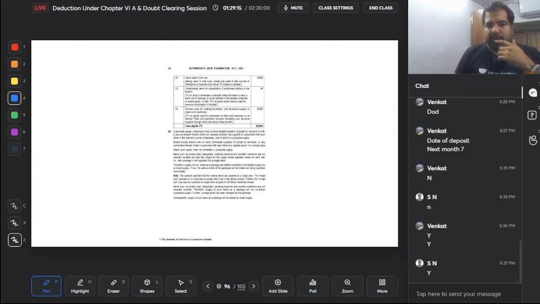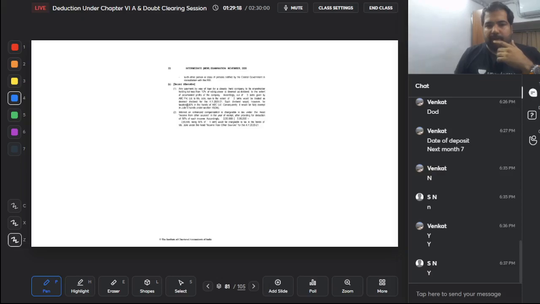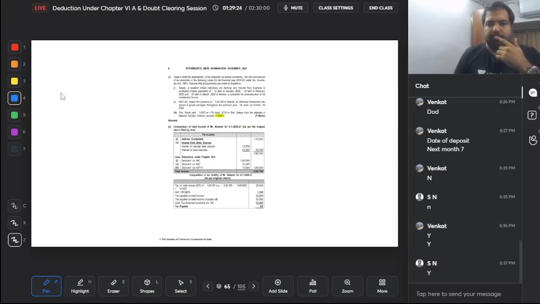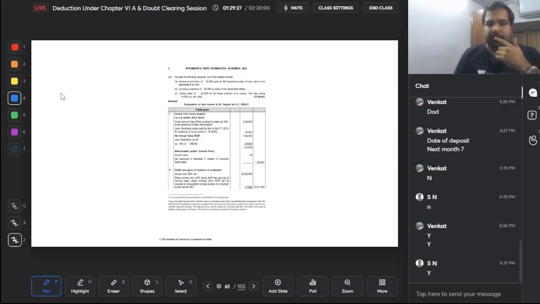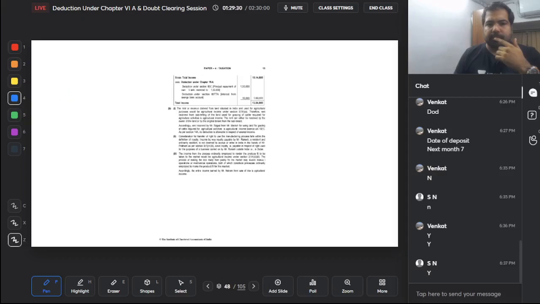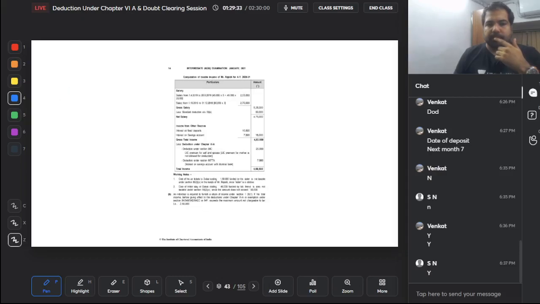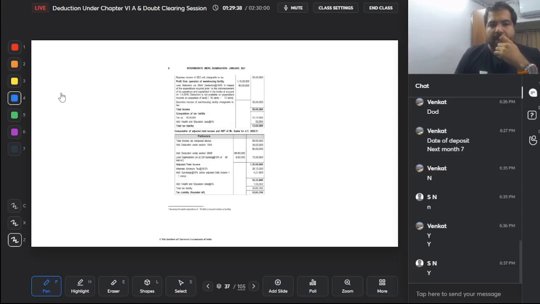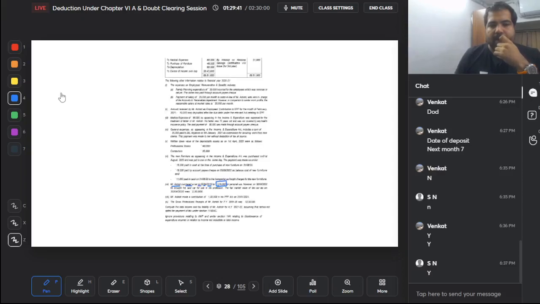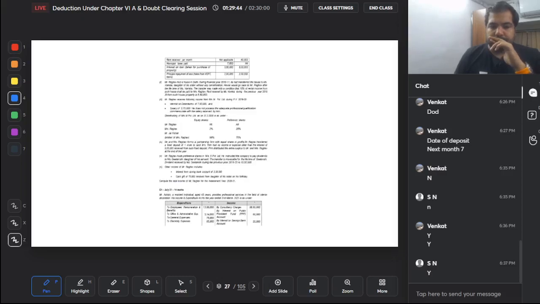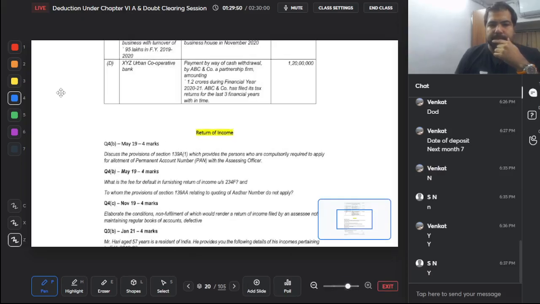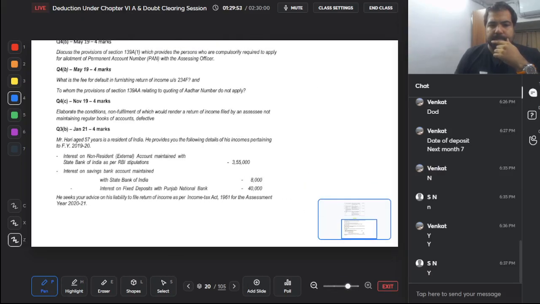Guys, putting a question on the screen for all of you to solve till here, because this is the main part. Check this question number 3B.